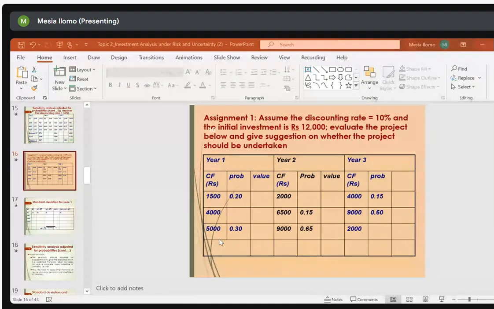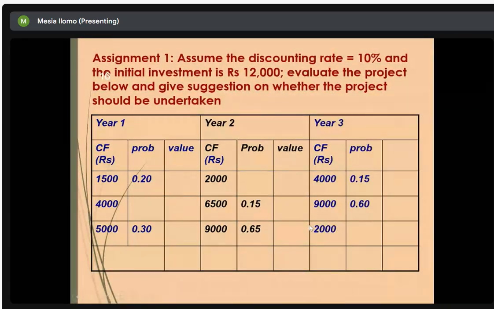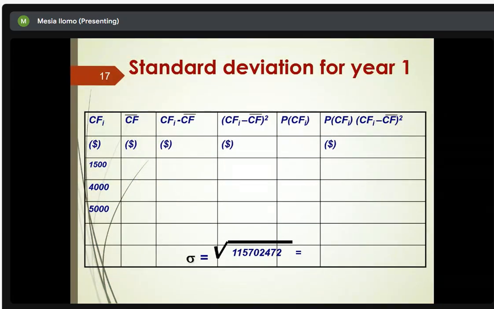Okay, so I suppose you are done now. Are you done, please? Yes. Okay, so what is the variance for year 1? Just the sum.